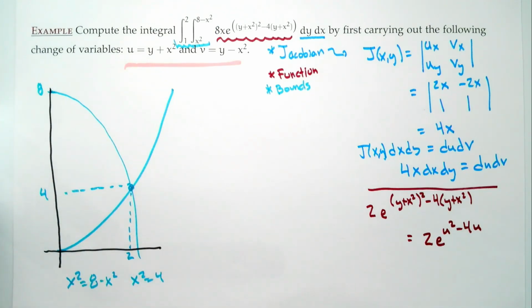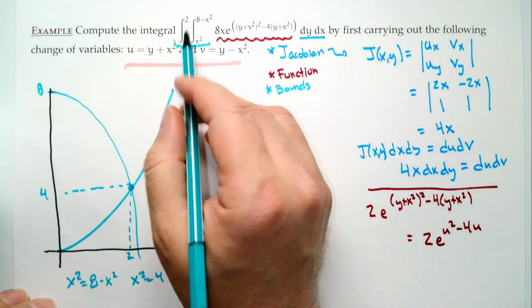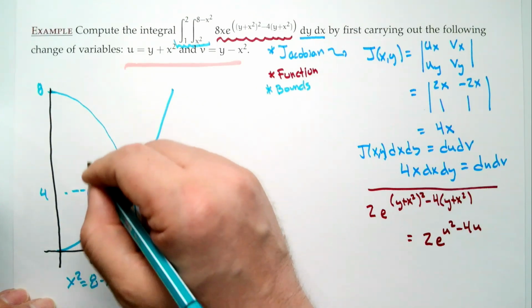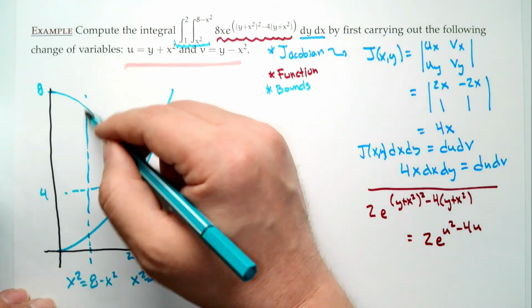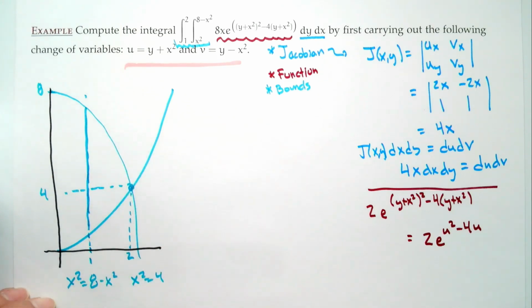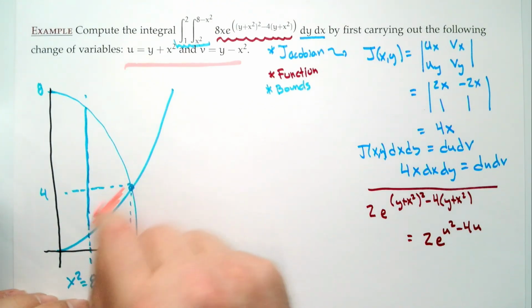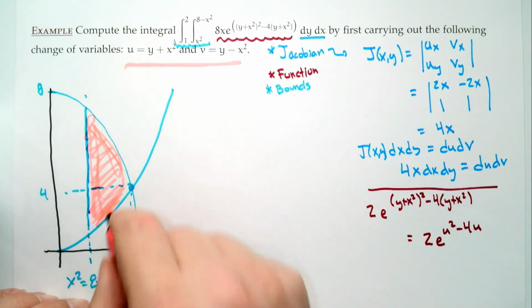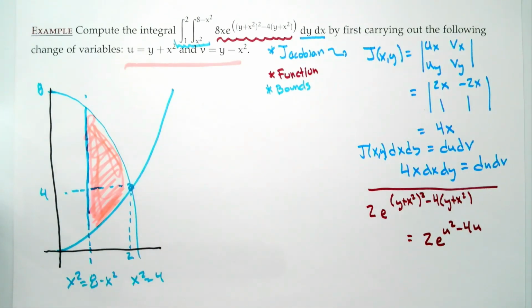Well, it's a picture, just trying to give me an idea of what my region looks like. I'm going between 1 and 2, so if I want an idea of my region, I can put in x equals 1. So what my region is, in my current integral, is this shape here, bounded by these 3 curves. All right, so that's my current region.